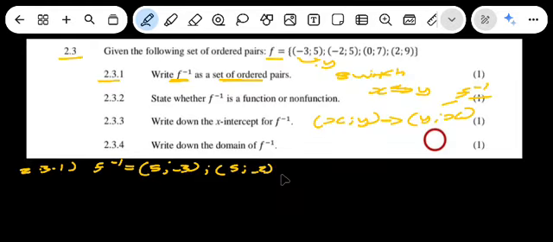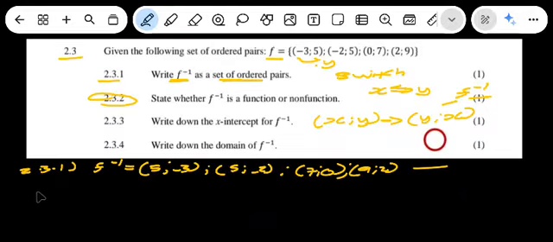You switch, it will be 7 comma 0, 9 comma 2. That is how you switch. This is our inverse there. All right, you just do that.